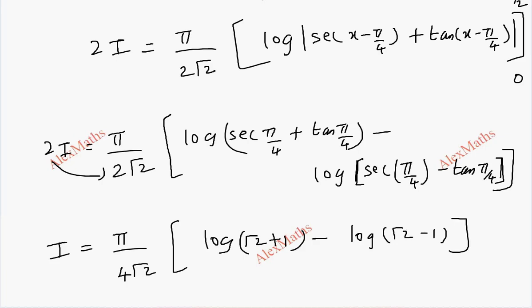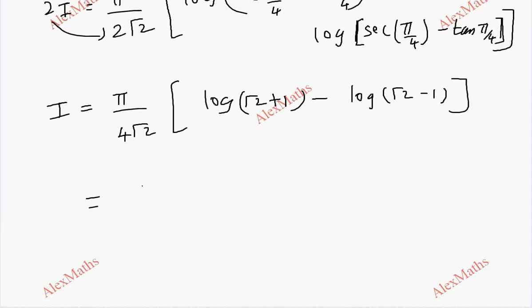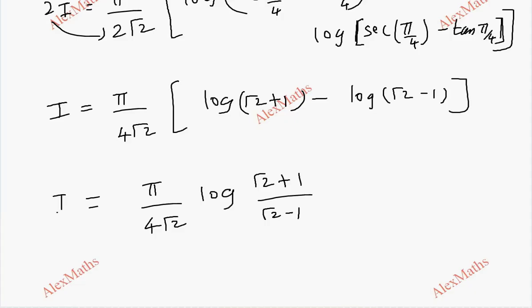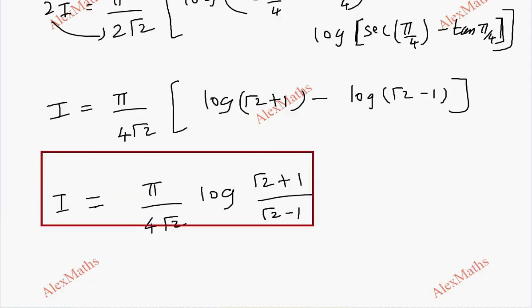It is a log rule. So finally this is pi by 4 root 2 log of root 2 plus 1 by root 2 minus 1. If we want, we can multiply by the conjugate and simplify further, or we can leave it as it is.